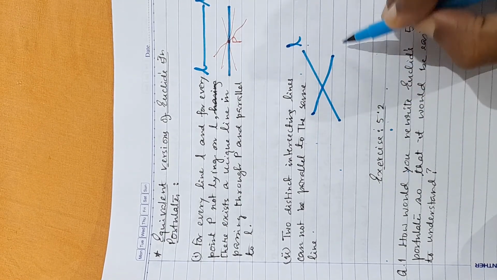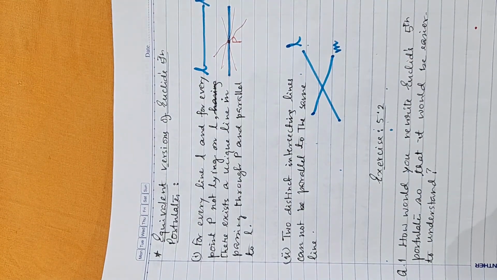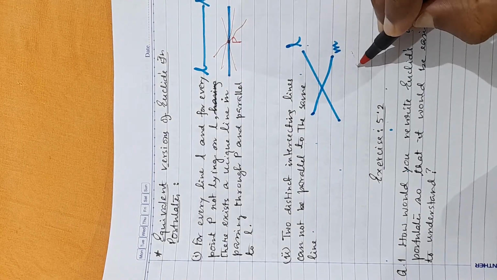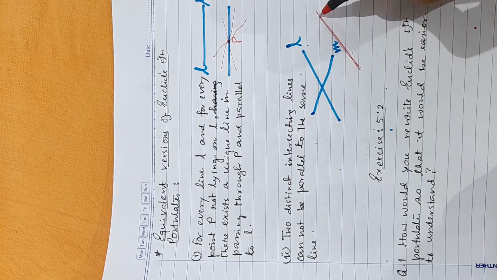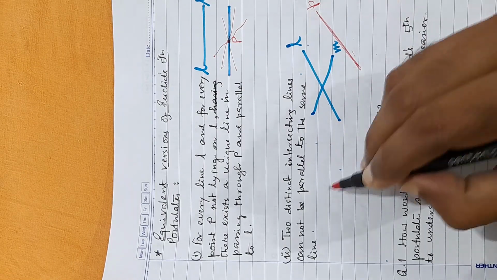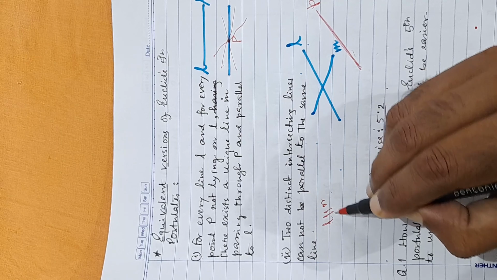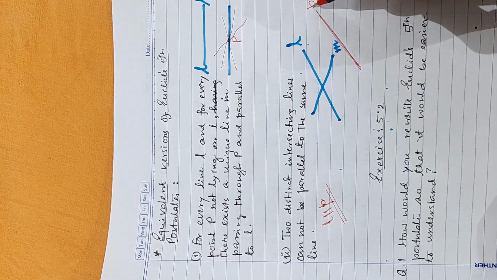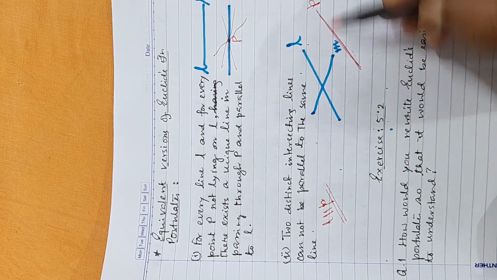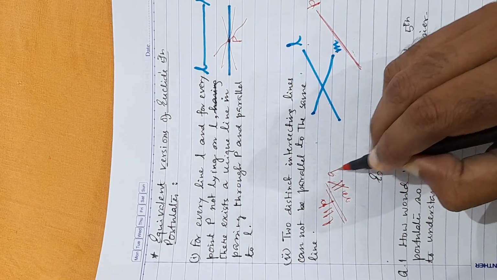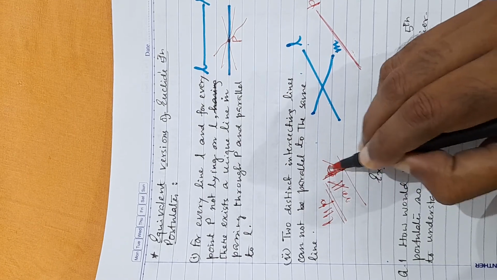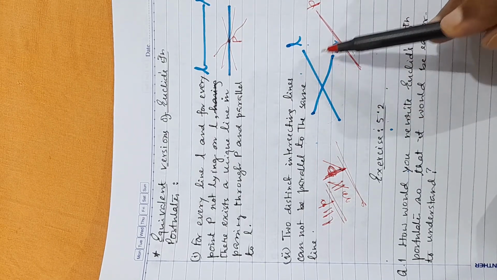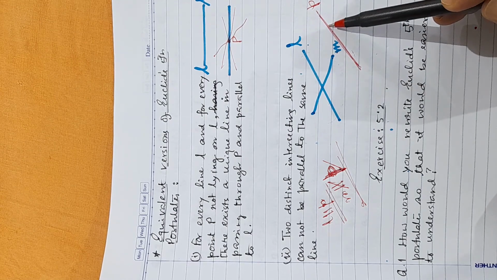So L is intersecting M. And if we say L is parallel to P, L and M are intersecting lines, L is parallel to P, then in this case we cannot say M is parallel to P. M cannot be parallel to P. Two distinct intersecting lines, both of them cannot be parallel to the same line.